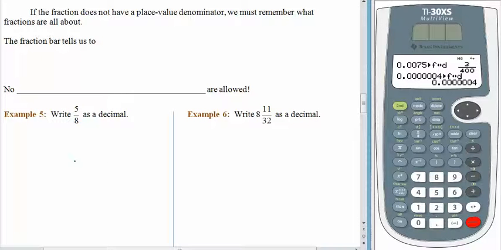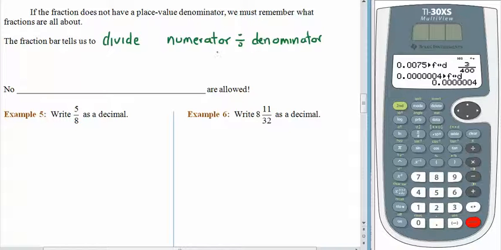Every fraction has a fraction bar. And the fraction bar tells us that we need to divide. It's always numerator divided by denominator. We read a fraction straight down.